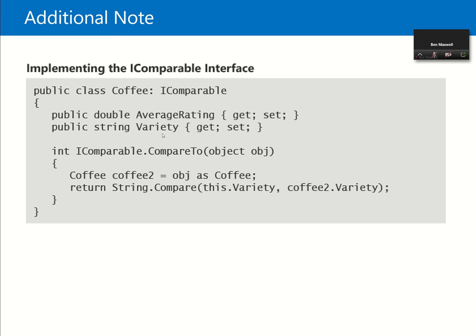So now you have a variety string value. You want to compare this with the current value that you have against the other value, the other variety.